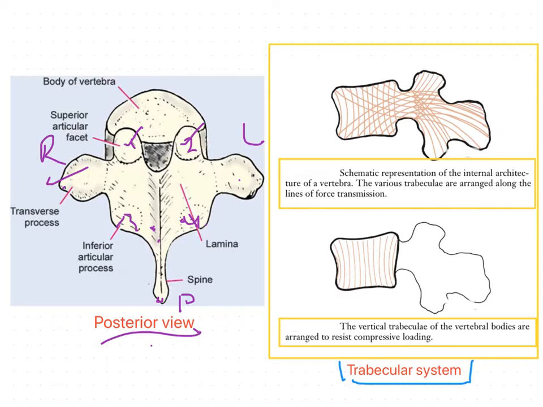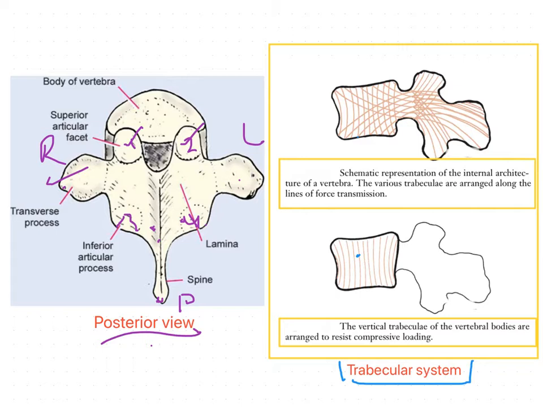The trabecular system is formed due to the stresses placed on the bodies, and is found only in the spongy bone, as we discussed in the joint structure and function of the biomechanics.